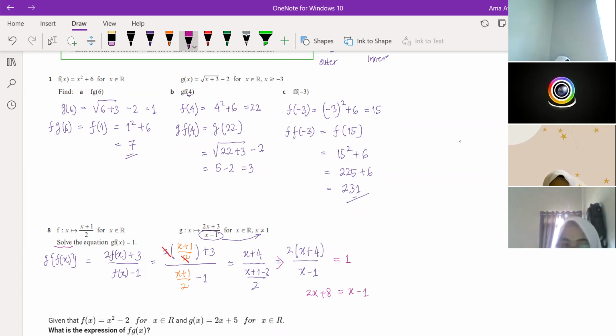And therefore 2x minus x is x equals negative 1 minus 8, or negative 9. So we get that x is equal to negative 9.